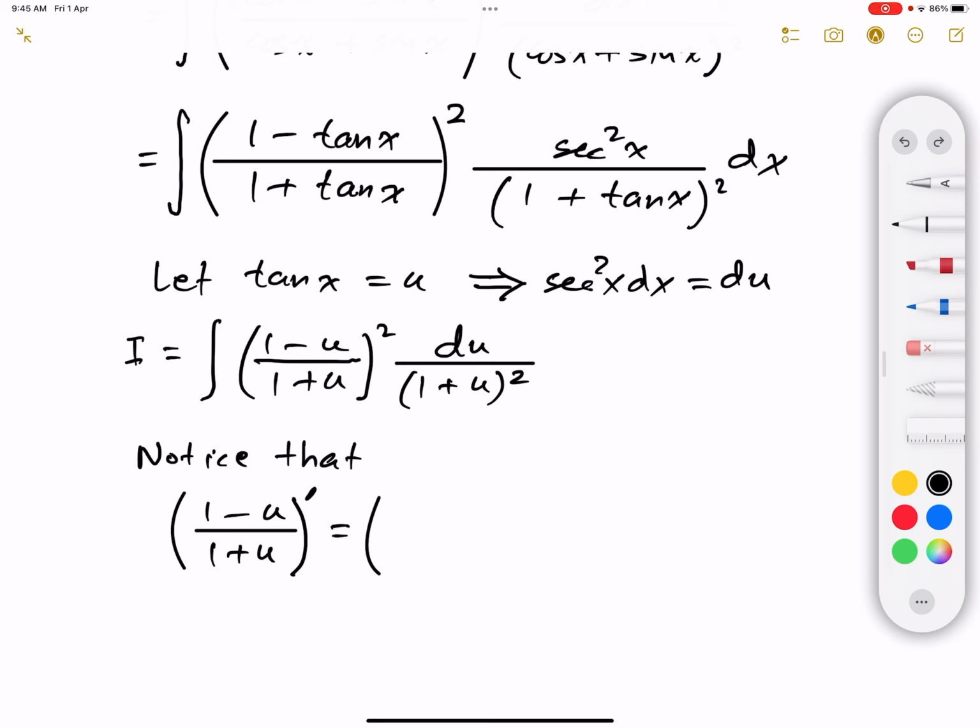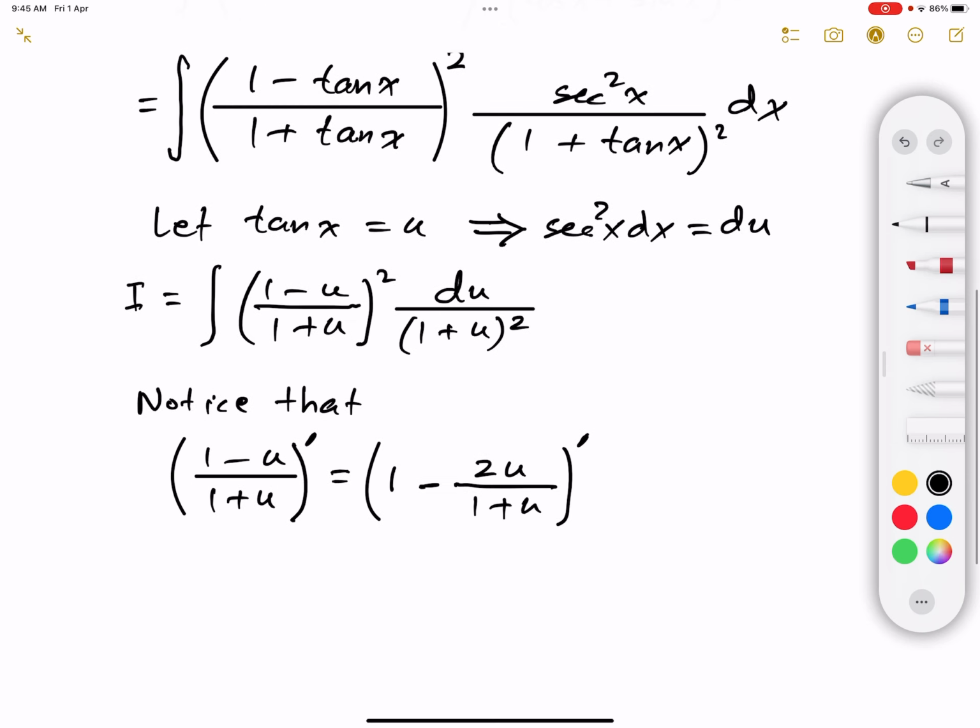So maybe that would make the differentiation easier. This can be written as 1 minus twice u over 1 plus u, and we're going to differentiate that as well. The derivative of 1 is, of course, 0.